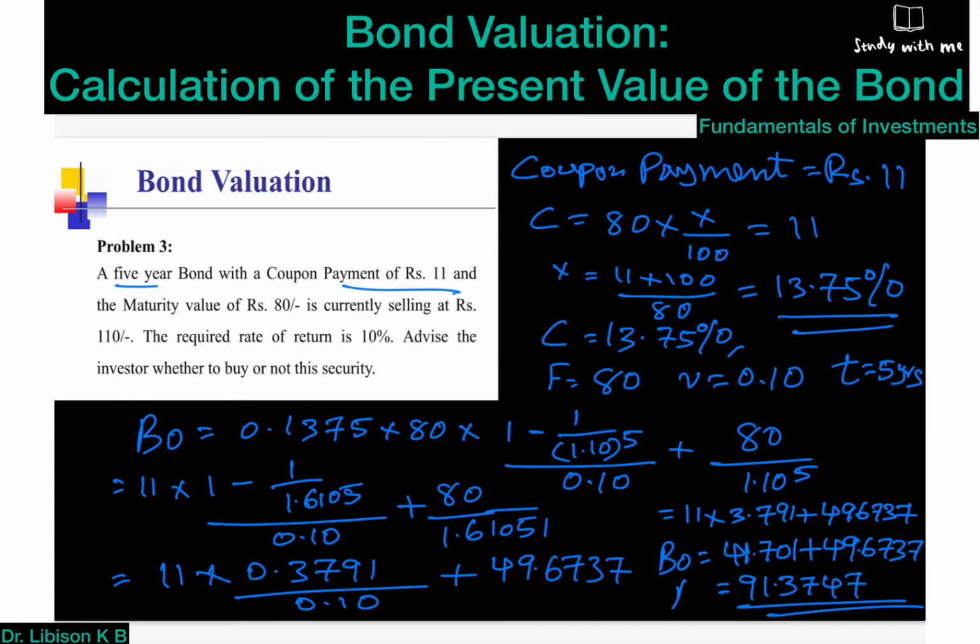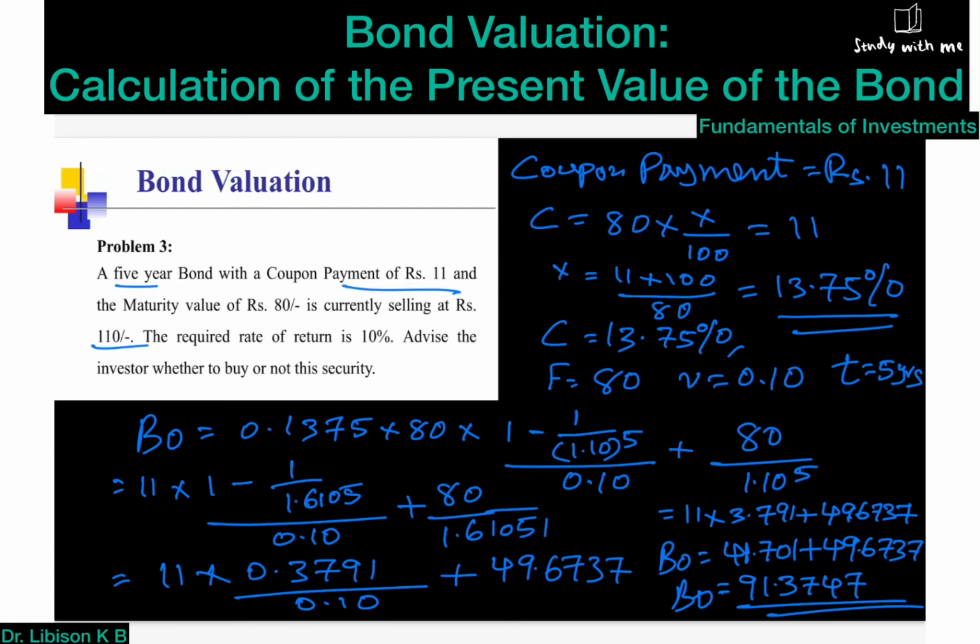So the final answer is B0 is equal to 91.3747. So the intrinsic value of the bond is less than the market value.